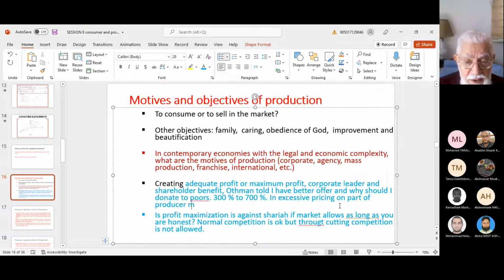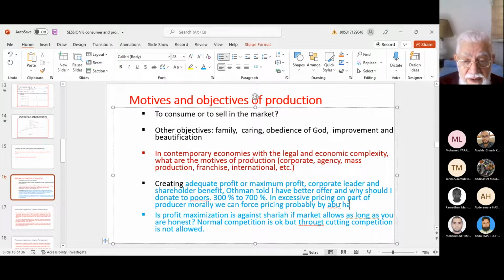It is said by Abu Hanifa, as early as before the year 150 of Hijrah, that in any case of monopoly practice, we should impose prices.